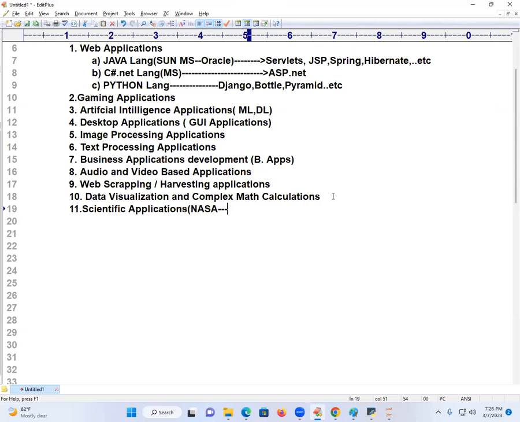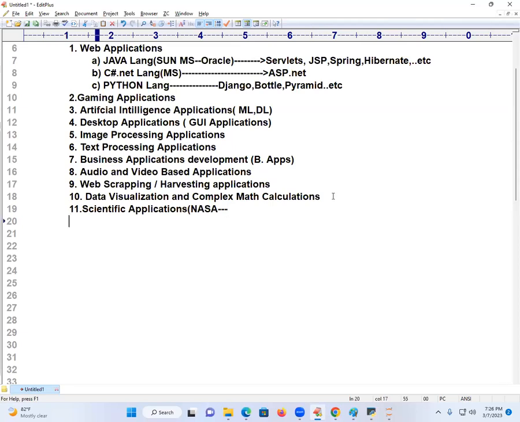Their satellite communications, all the space agencies. Earlier, for a few days, they used Pascal programming. Later they used Python programming for satellite communications. For scientific application development also, people are using what? Python language. Because SciPy and scikit modules are available in Python, which they are using for scientific application development.